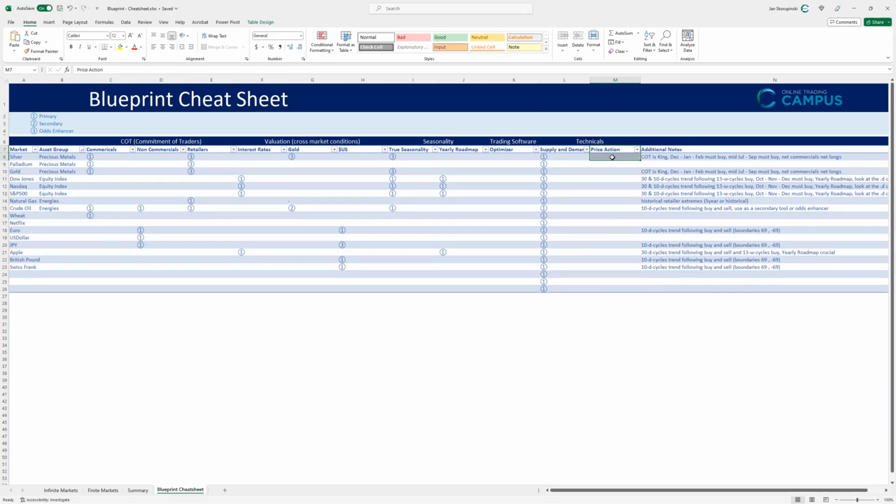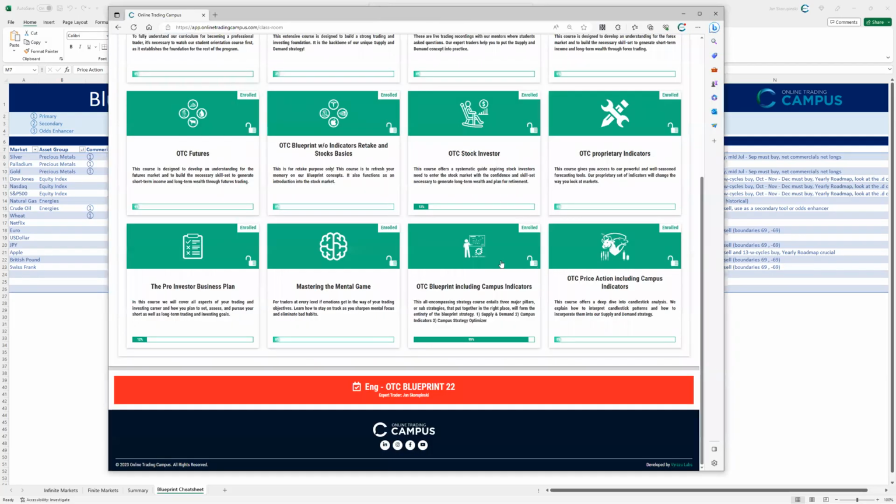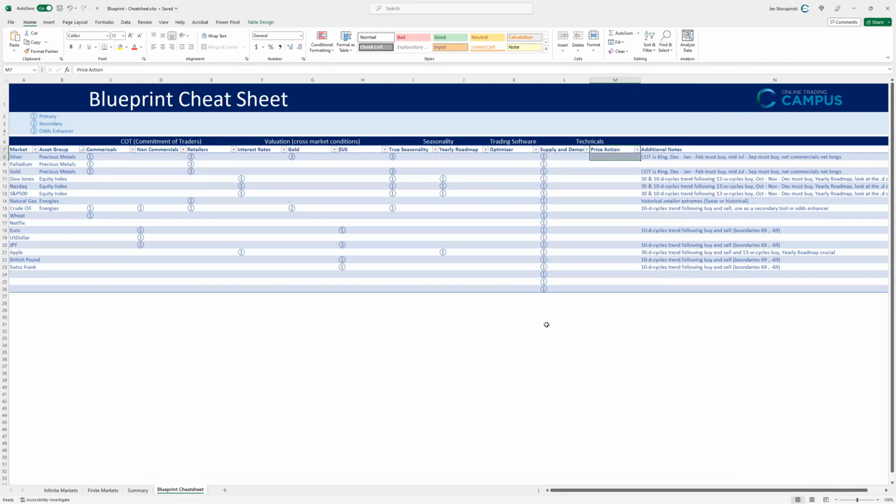Okay. So price action, there's a course also that Tobias is creating at the moment. If you go within your classrooms, I'll just guide you towards that. Here is an OTC price action course, including campus indicators.